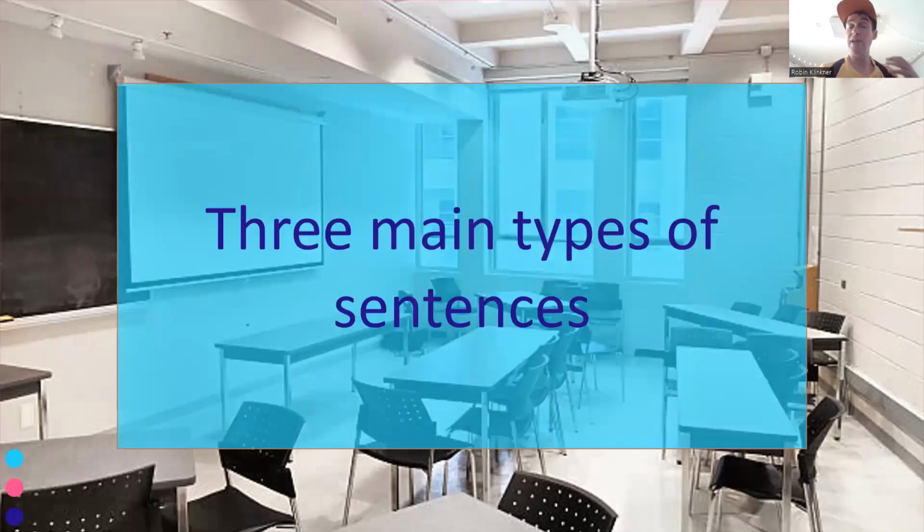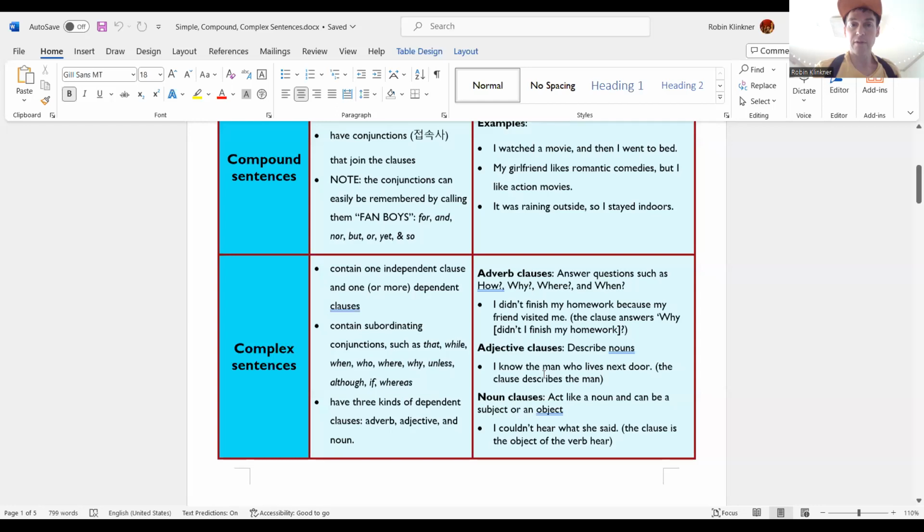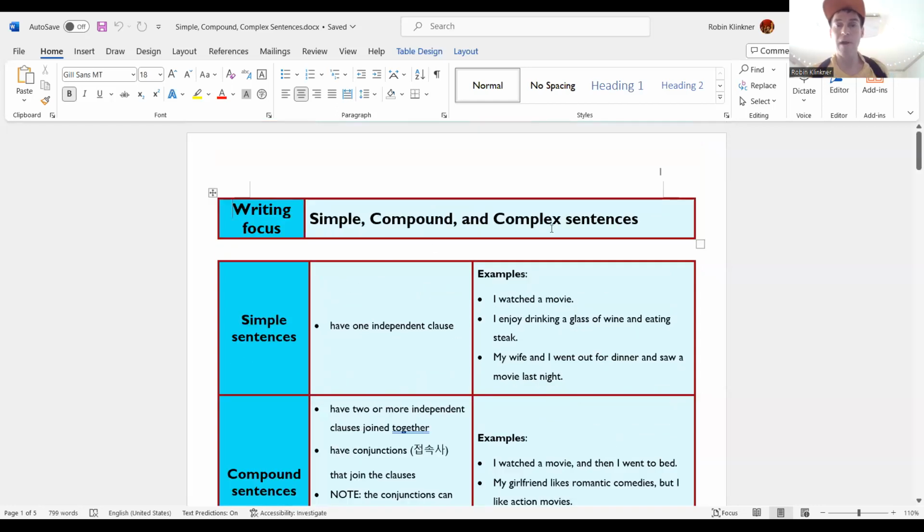Now let's move on to types of sentences. So we just talked about phrases and clauses. Now let's talk about the three main types of sentences. And for the remaining part of this video, I will be referring to this handout. It is called Simple, Compound, and Complex Sentences.